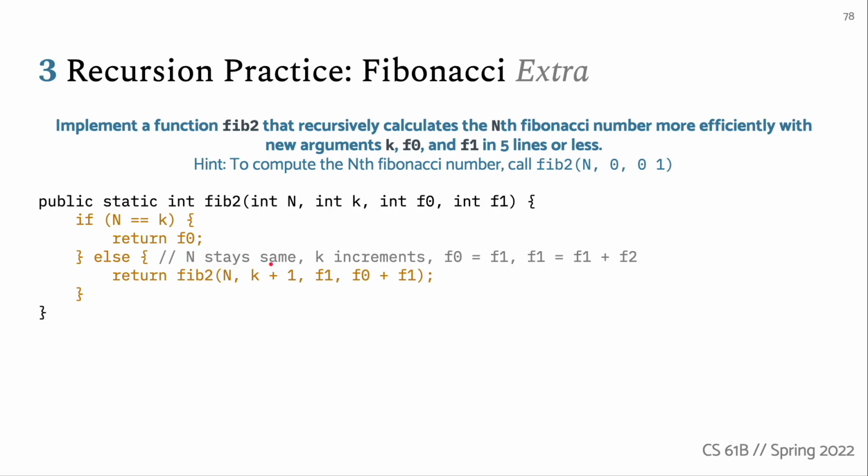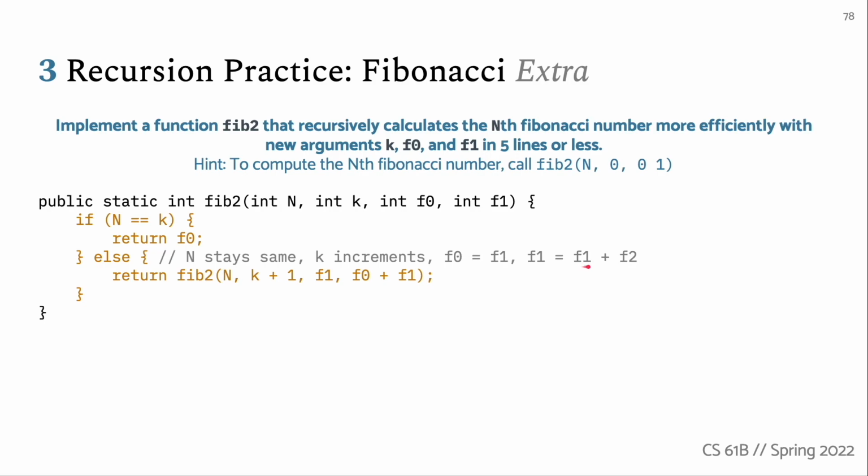N stays the same because which Fibonacci number we're trying to calculate doesn't change this whole time. K increments by 1, like I said, as we calculate each Fibonacci number. F0 becomes F1, right? The second to last number becomes the last number, or what was previously the last number. And then F1 becomes the next Fibonacci number, which is just the sum.